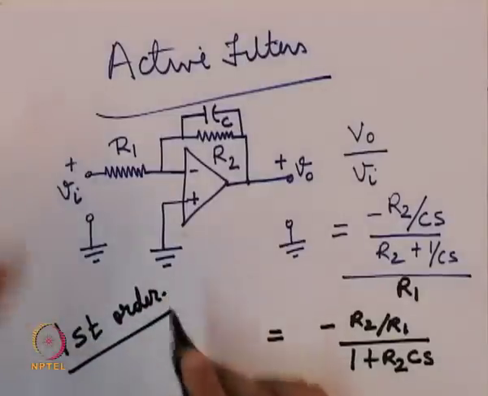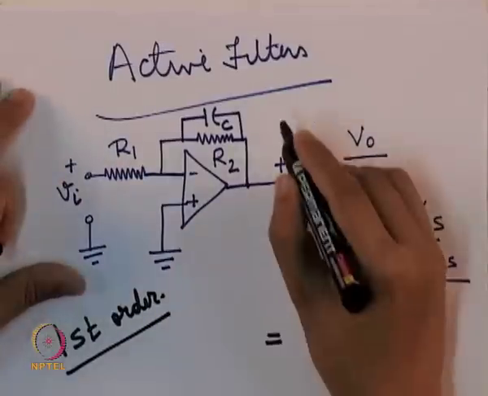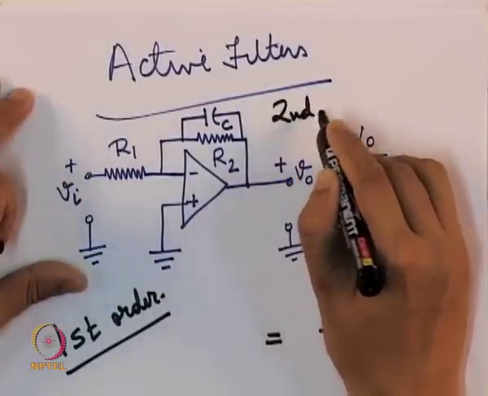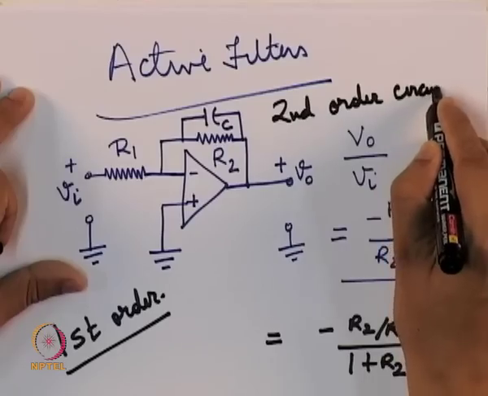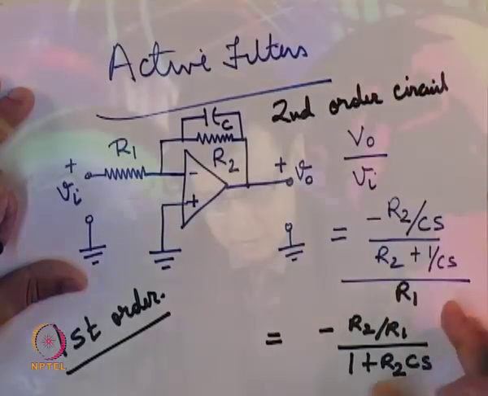But this simple circuit is not enough to implement a second order circuit. So, for a second order circuit, what do we need?